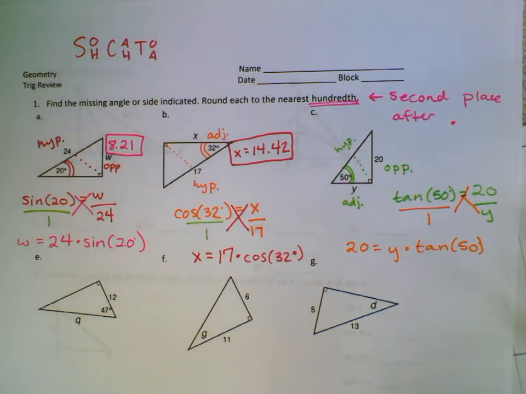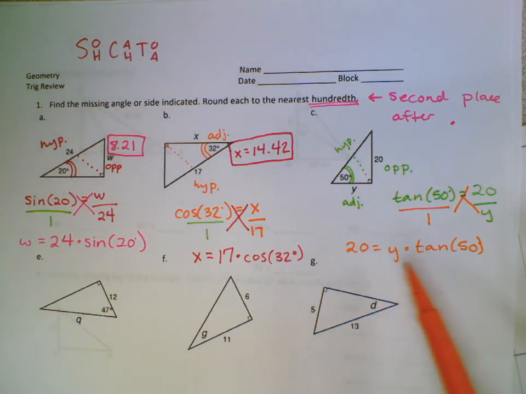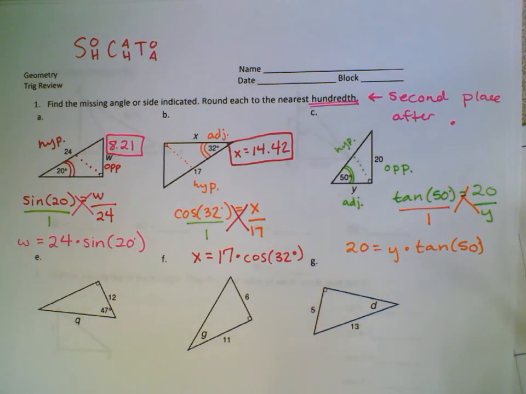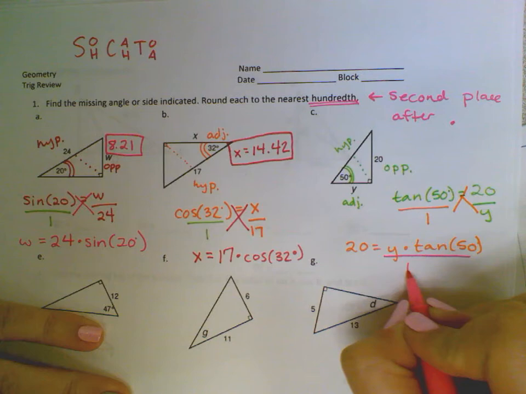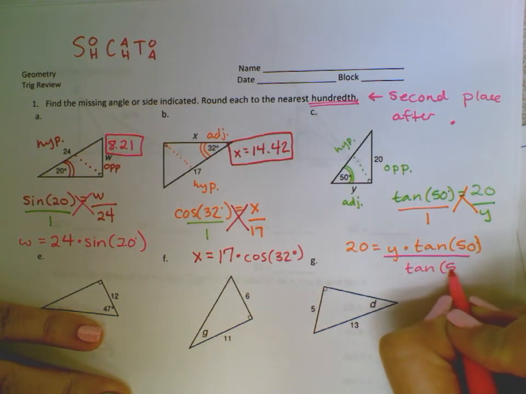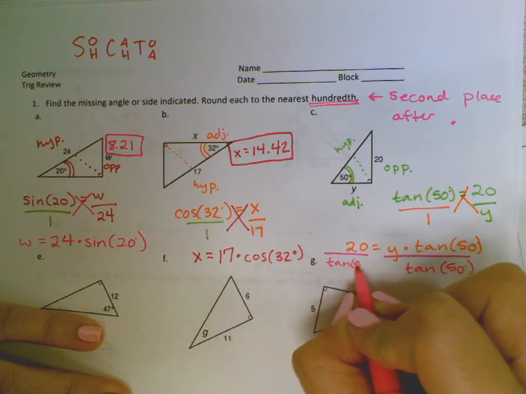The opposite operation to multiplication is division. So in order to get y by itself, because that's what we're trying to solve for, we want y to be equal to something, we're going to need to divide both sides of our equation by tangent of 50 degrees.